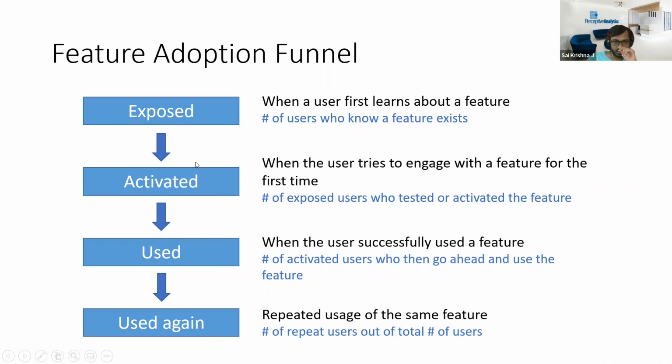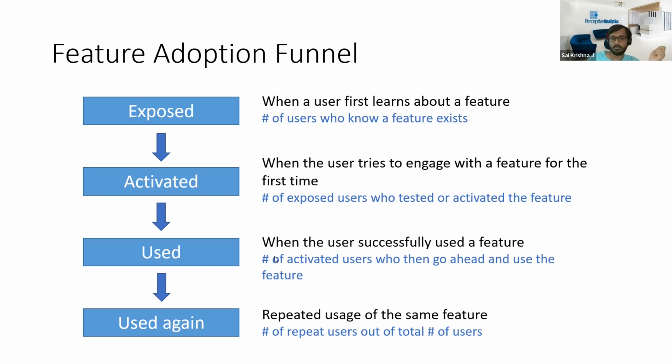And then the activation stage is where the user tries to engage with the feature for the first time. So out of the total number of people exposed, how many of them tested or activated the feature? That is the second stage. And then the third stage is usage. This is where the user is successfully using a feature: the number of activated users who then go ahead and use the feature. So this is basically the funnel, right?